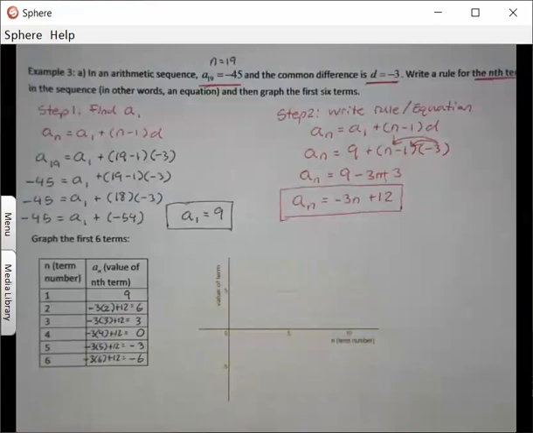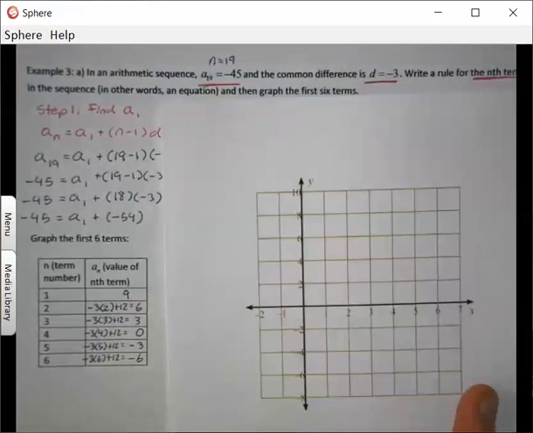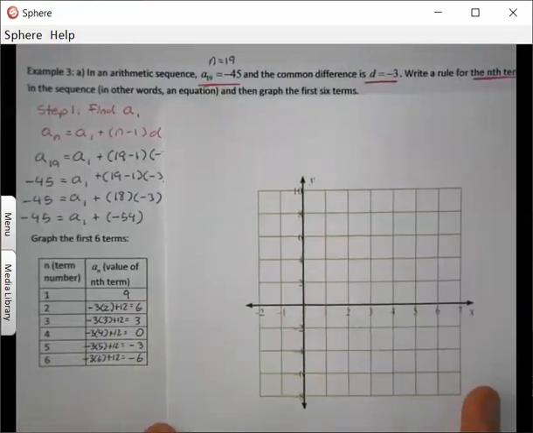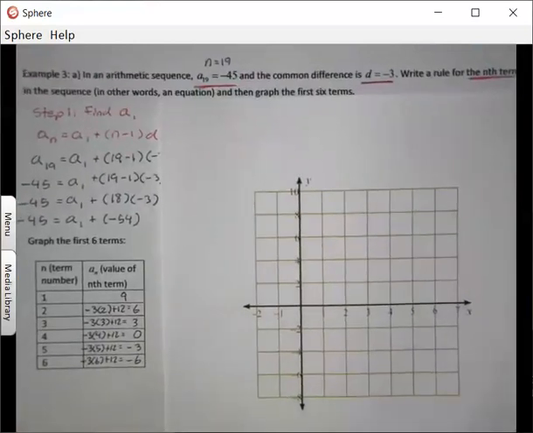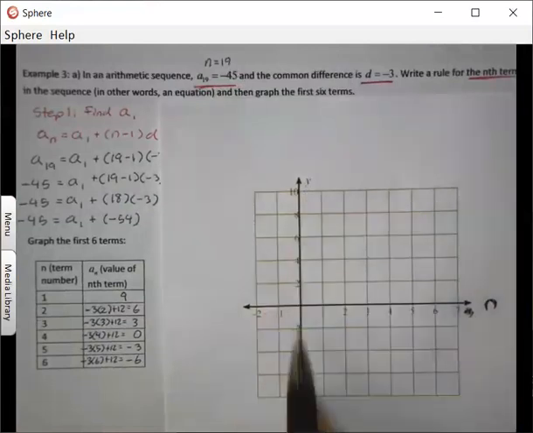All right, so let's graph this. Just so it's easier for you to see, I'm going to use a bigger graph. So this is going to be n, the number of terms, and then this will be the value of each term.